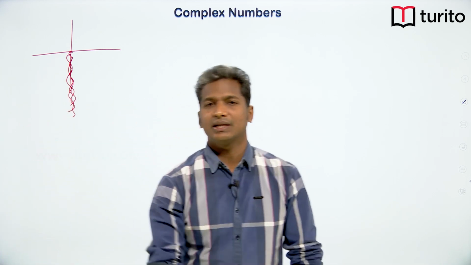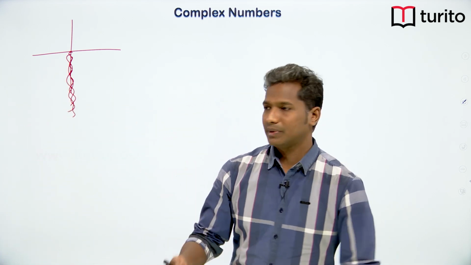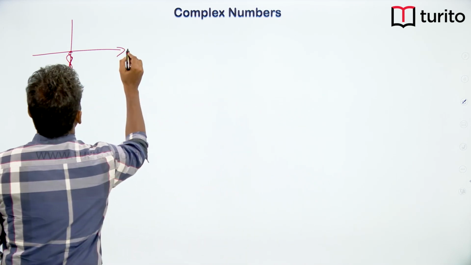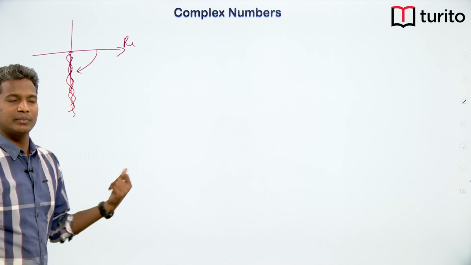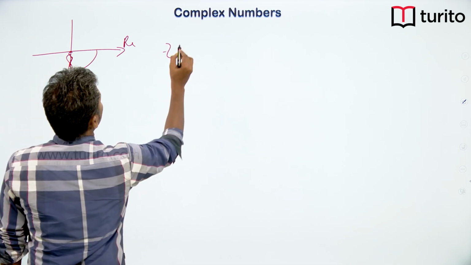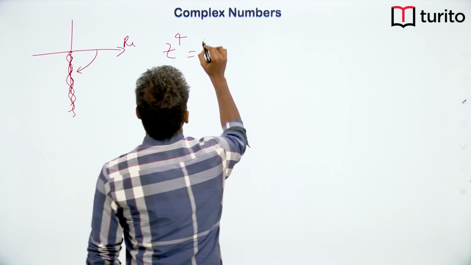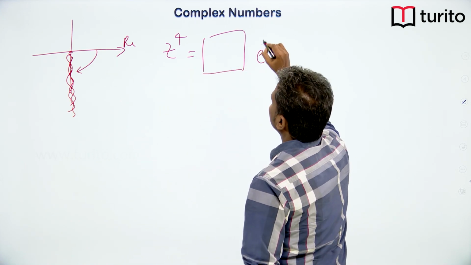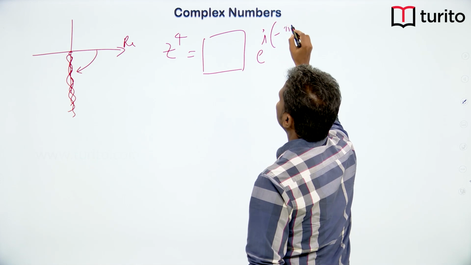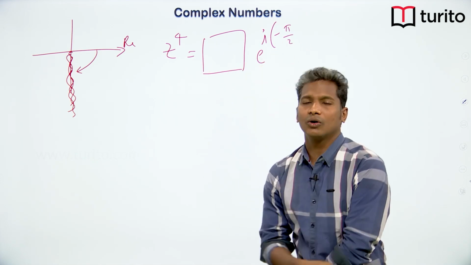It is minus pi by 2. That means, from the positive real axis, if we observe the angle, it is always minus pi by 2. So, I can write z power 4 as some constant which will represent the magnitude, and e power I minus pi by 2, this represents the argument.